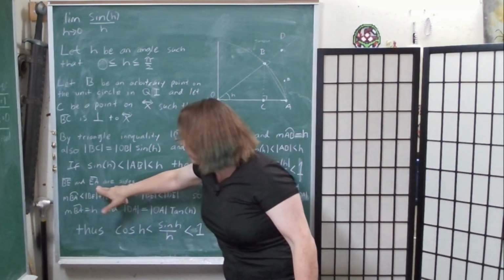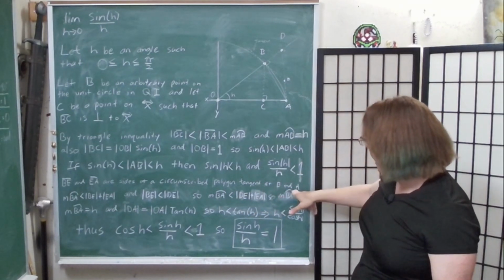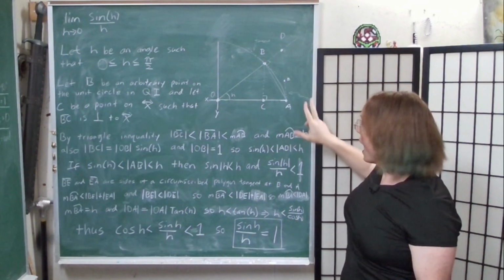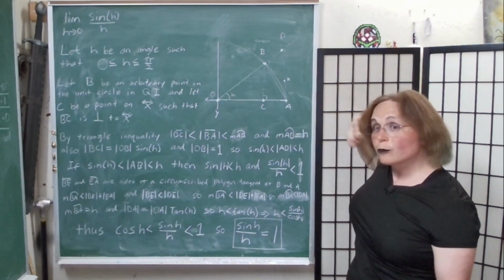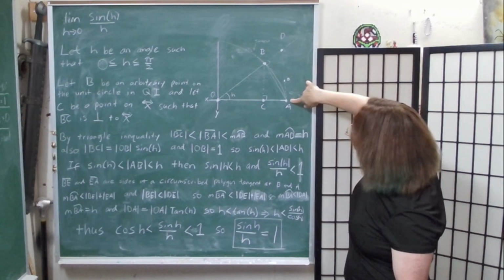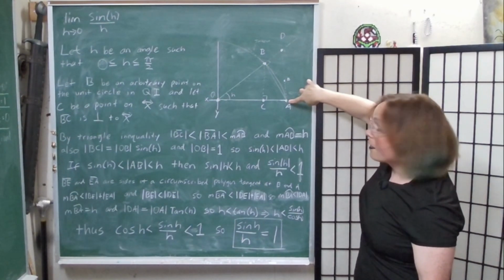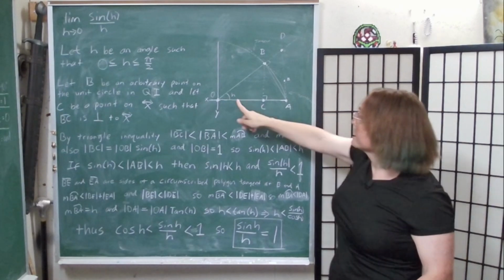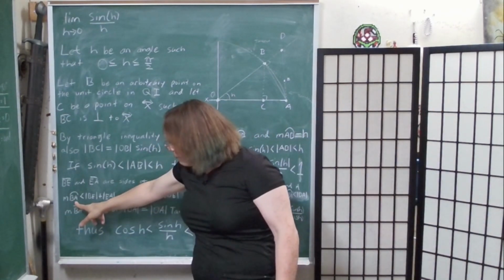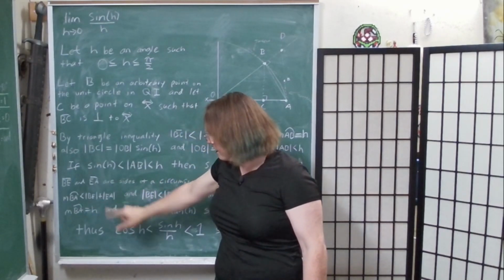Now, where we're at here is we are here, okay? So BE and EA are the sides of a circumscribed polygon tangent at B and A. That demonstrates the 90 degree, and because it is a circumscribed polygon, we know that BE plus EA is larger than that arc which happens to be the same size as H. So therefore, the measure of the arc is less than BE plus EA.